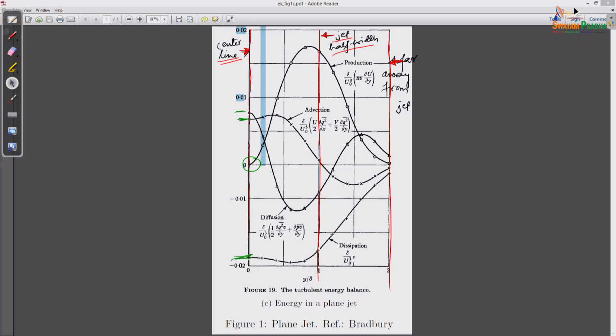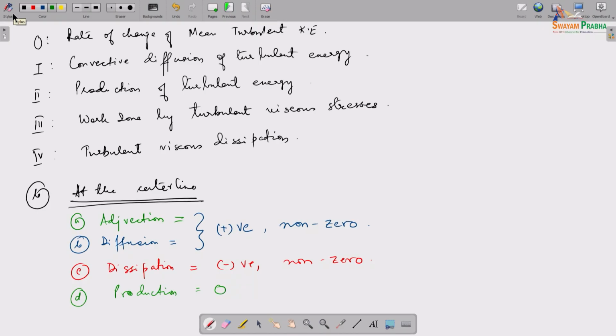So if I go here, this is the dissipation. It is non-zero negative, and this is actually the production, which is 0, right? So basically this is at the center line: advection, diffusion, dissipation, and production, okay?